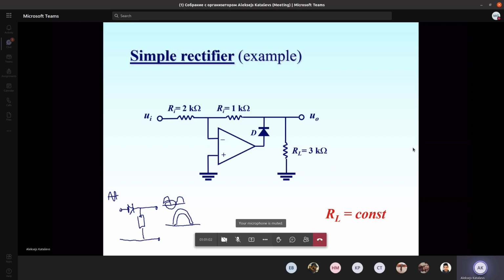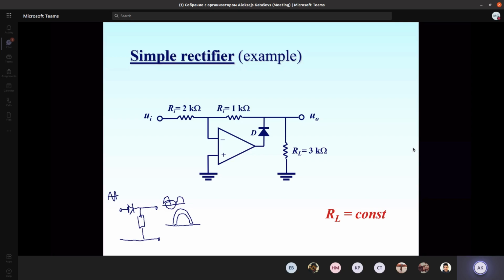It requires a forward bias, and it subtracts this forward bias from the input signal to pass it to the output. That's why we never could get an accurate rectifier which provides the absolute value of the input signal. We need to include the diode into some operational amplifier circuit.